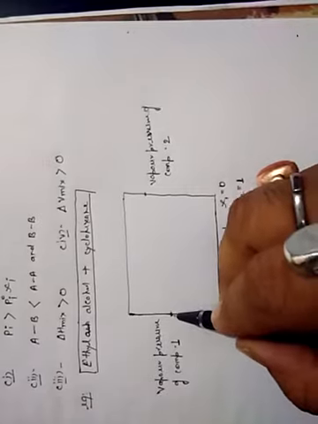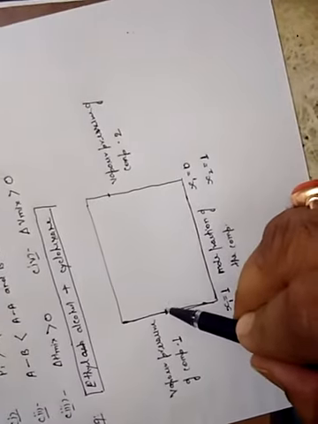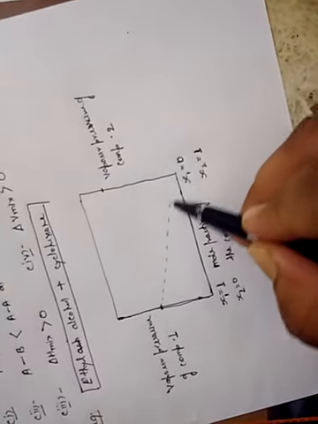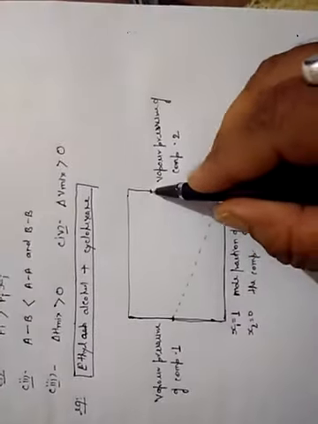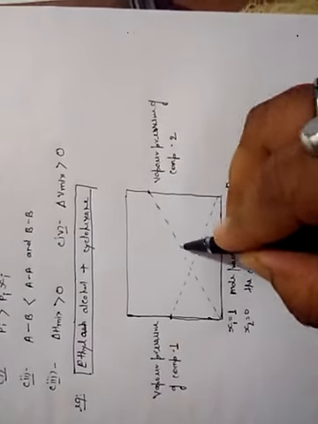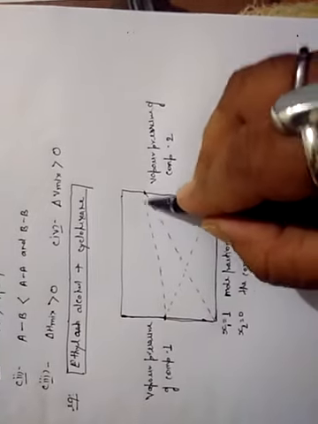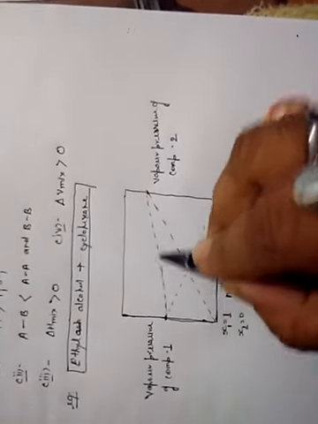According to the ideal solution, when it follows Raoult's law, it is represented with the dotted line. Here we represent the ideal behavior of the solution with the dotted line, and I also explained in my previous video how the values of these components can be calculated.